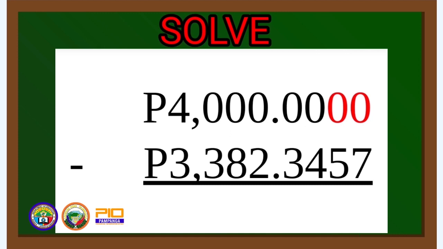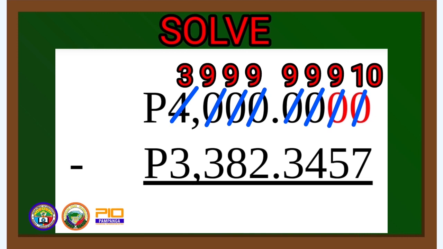Arrange the digits in columns and align the decimal points. Insert zeros in empty decimal place values so that all the numbers have the same number of decimal places. And then subtract numbers as with whole numbers.